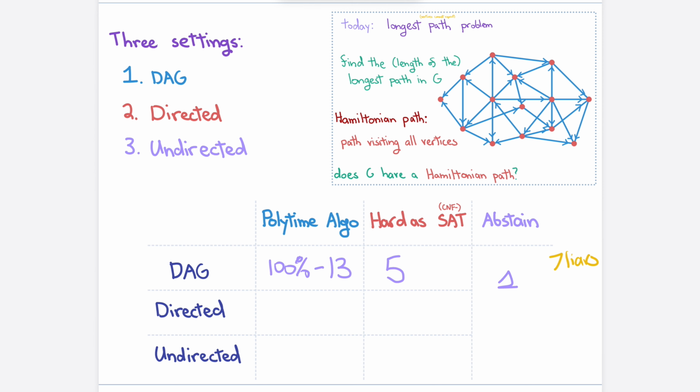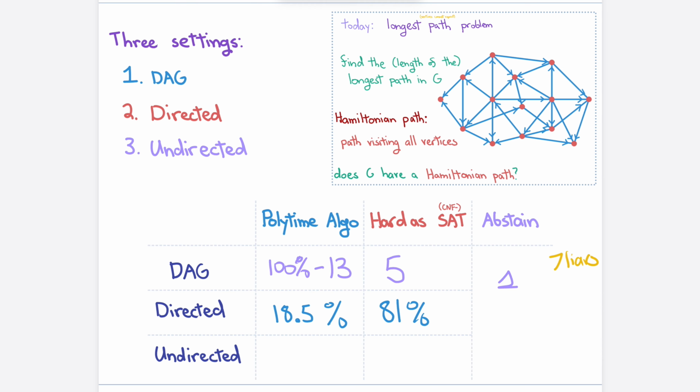So now slightly more general, directed graphs. Who thinks we're going to get an algorithm? Okay, fewer. And then who thinks it'll be hard? All right.